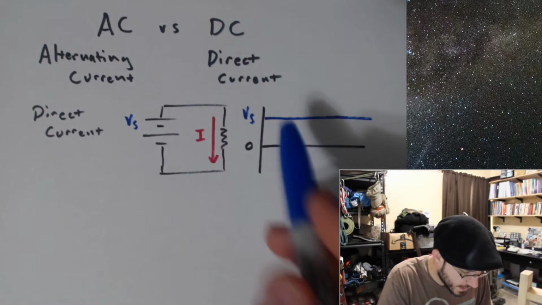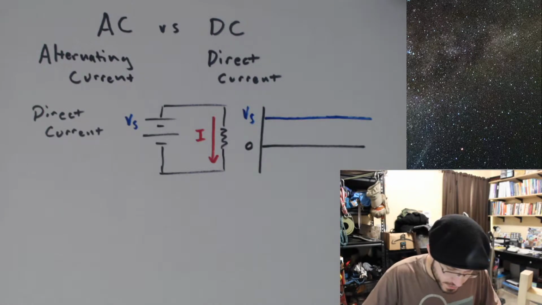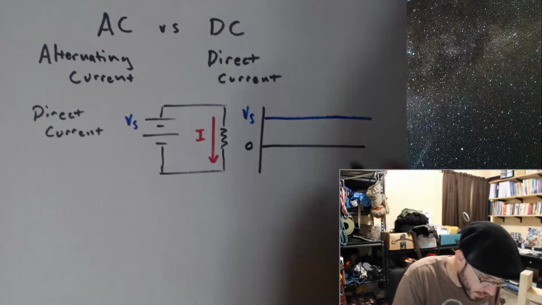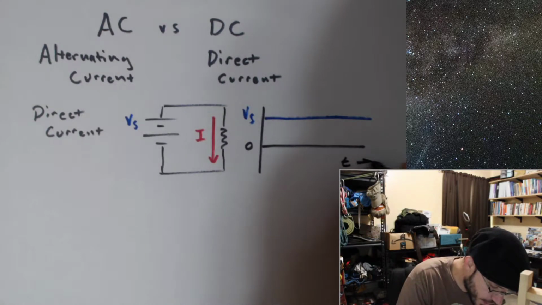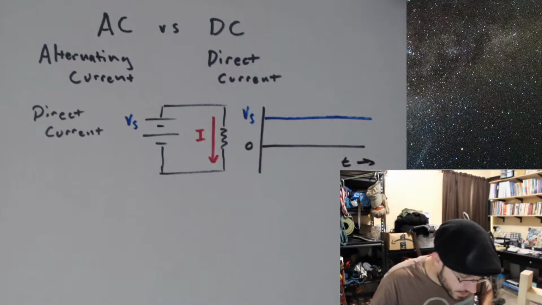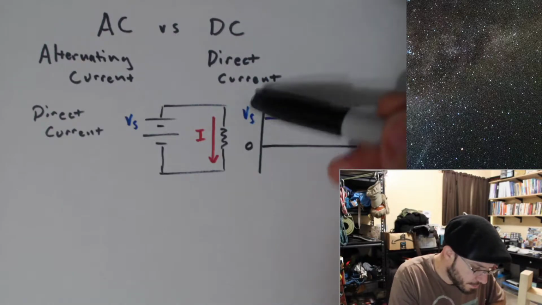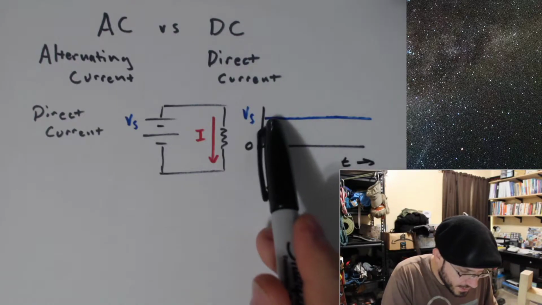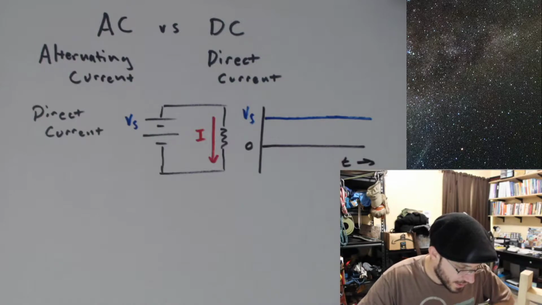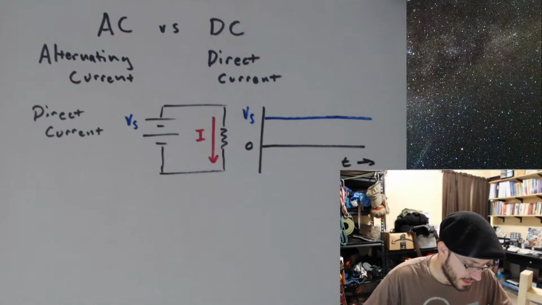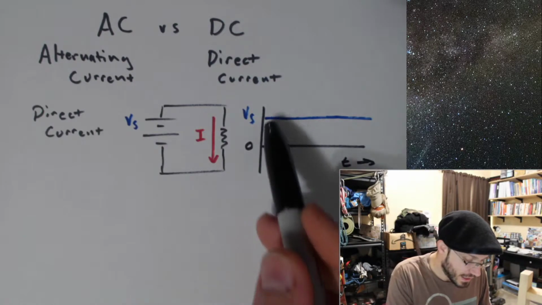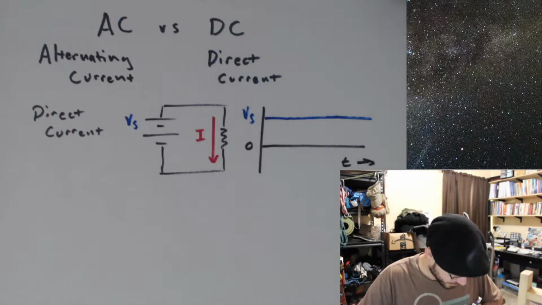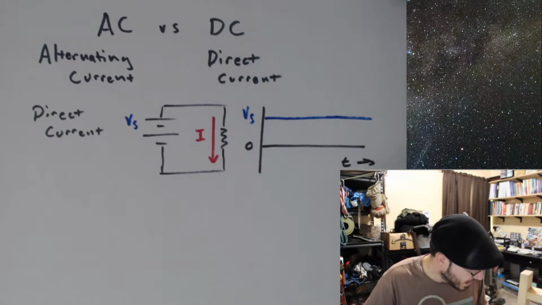If that's 10 volts, that's going to be at 10 volts, and time will be going in a positive direction to the right. So we're looking at time with respect to voltage, and we get this constant DC. We get this constant line of direct current in a circuit like this.